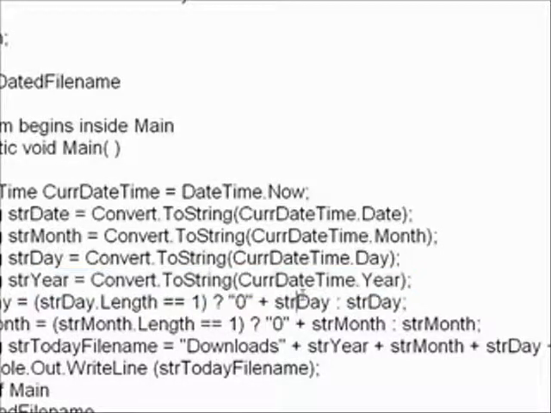And now we want to do something interesting, because as I said, we want these dates to be sortable by the directory. And if you just put them in the usual format we're used to looking at, like 1/12/2009, it's actually going to put things in the wrong order, because we want it sorted first by year, then by month, then by day, so they'll always be in the correct date order.